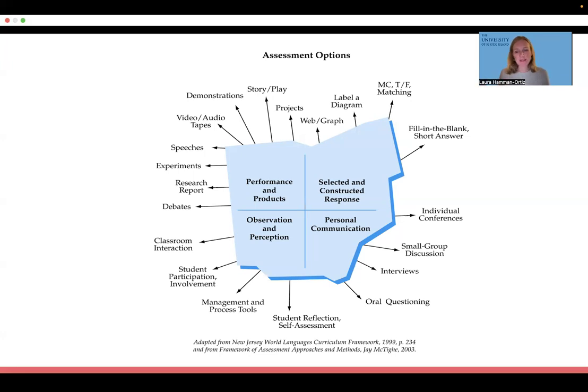So you see labeling things, filling in the blank, matching, conferencing, but then moving towards individual communication with students through interviews, through small group discussion, observing classroom interactions, how students are engaged, self-reflection, and then many, many ideas here for performance and products. All the different ways students, whether it's through a speech or a report or a debate, can perform what they know, and show you in a variety of ways.